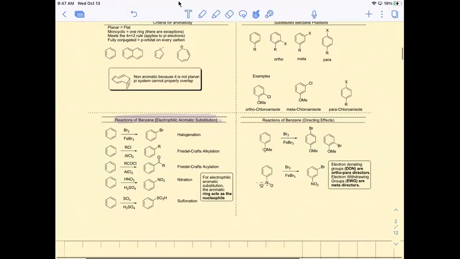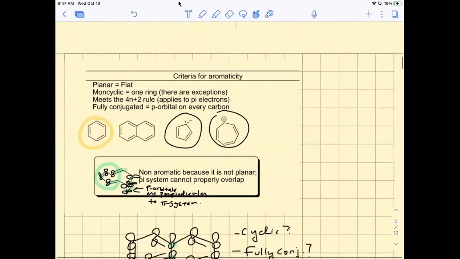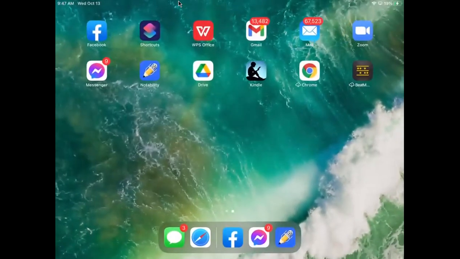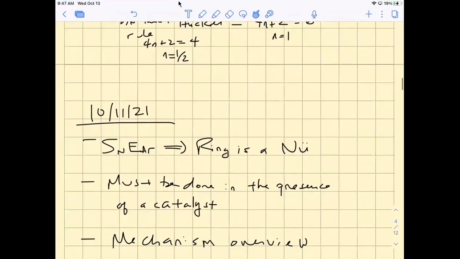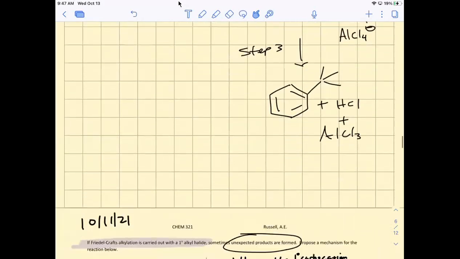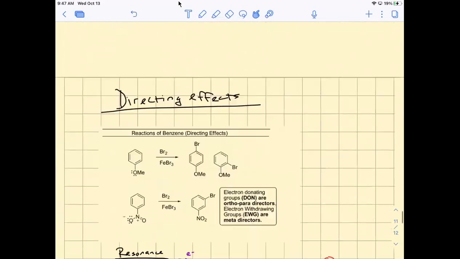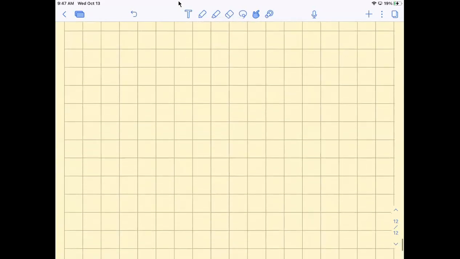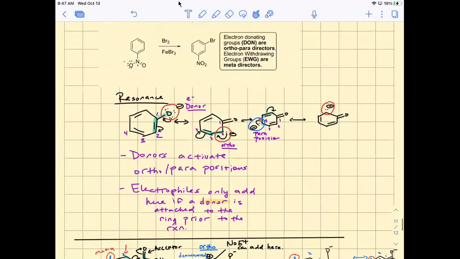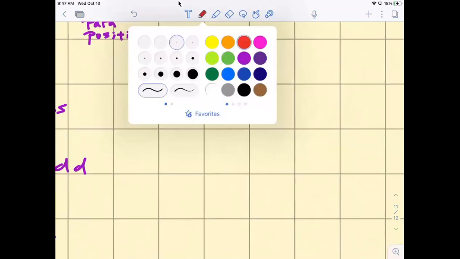I'll give you some examples of donors and some examples of acceptors, because every donor is not a resonance donor and every acceptor is not a resonance acceptor. Sometimes it's by induction as well, right? So let me write that down here.